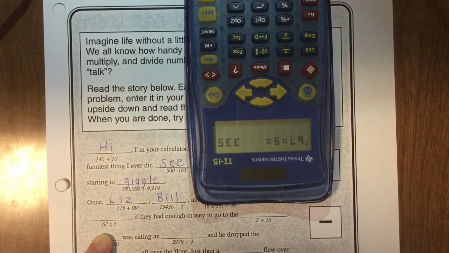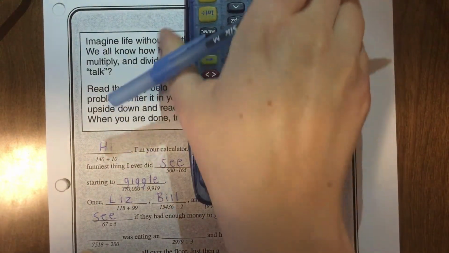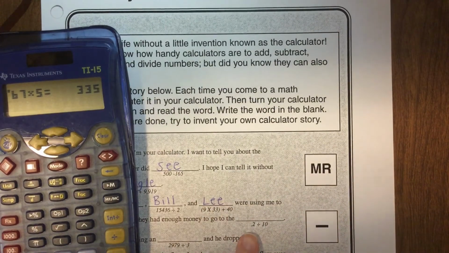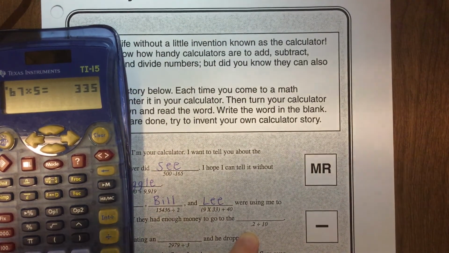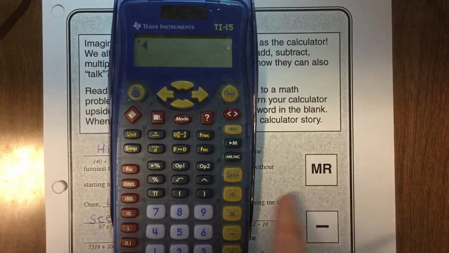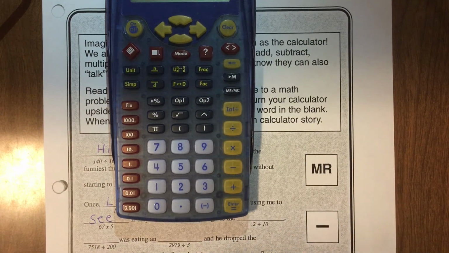It says C again. Then this one, you have to look really, really carefully. Can you see how it's not just a 2? There's a decimal in front of it, so it's 0.2 or 2/10 divided by 10. Let me show you where that is on your calculator. The decimal point is right next to the 0. If you don't touch that and push it in, you're not going to get the right answer.